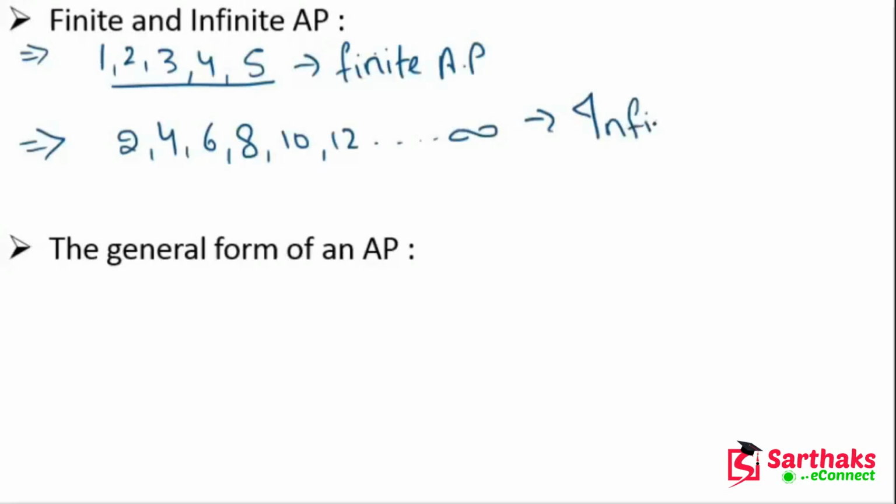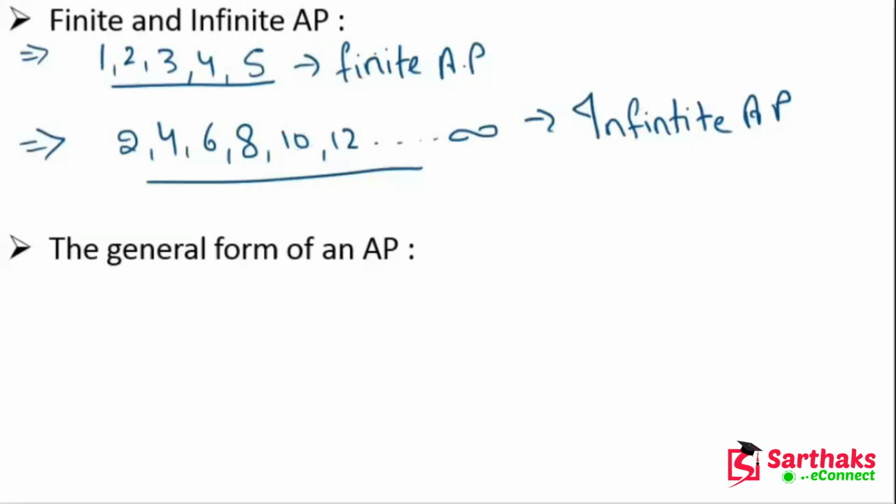Why is it an infinite AP? Because there is no last term in this AP. You cannot see the last term, so it is an infinite AP. I hope you understand the difference between finite AP and infinite AP.